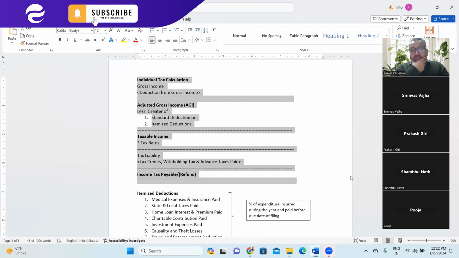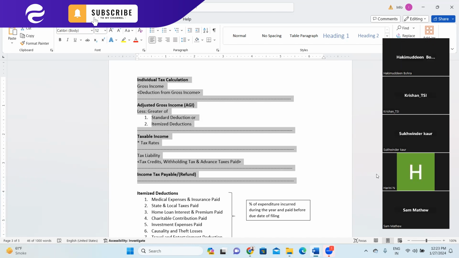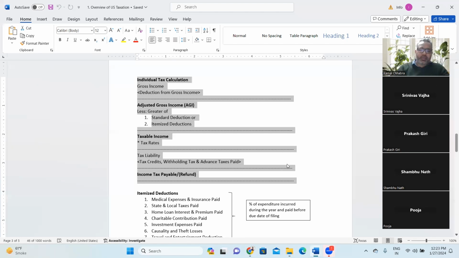Or maybe on the last page, or in your notebook, because every time we'll be coming back to this computation of income. Right? Done, everyone? Just give me a thumbs up. Yes. Yeah, Pooja, Shambhu, Prakash, Shezi, Sadaf. Yes. Done, everyone? Matthew, Akimuddin, everyone done? Okay, yes, good. Sir, done.